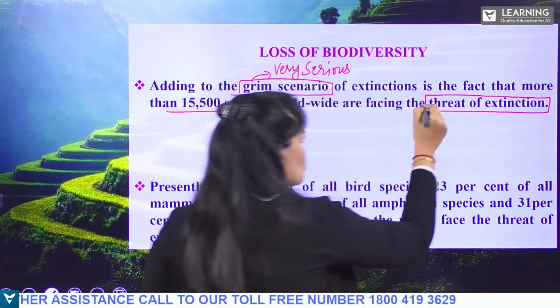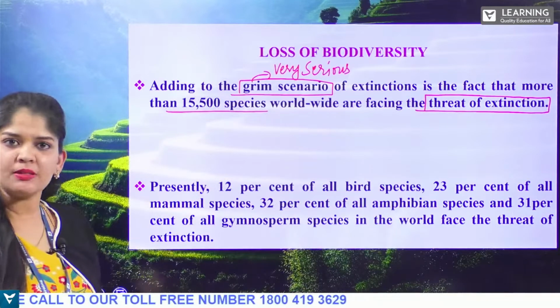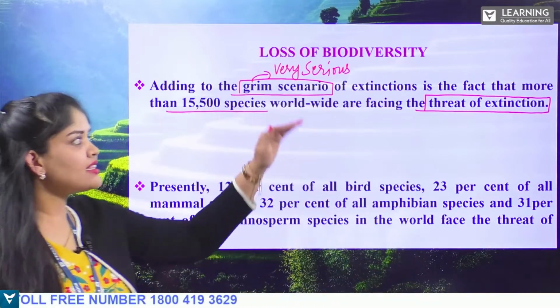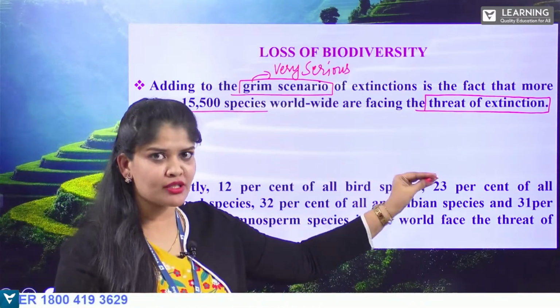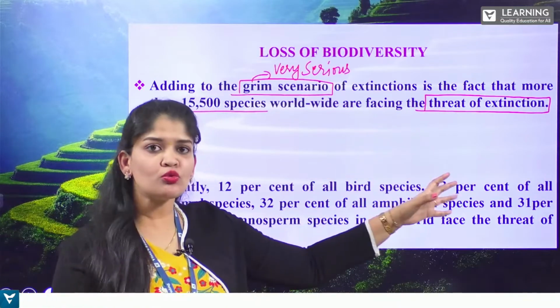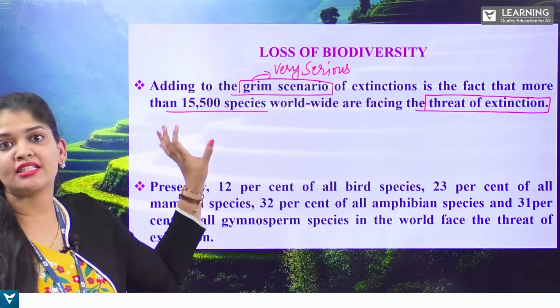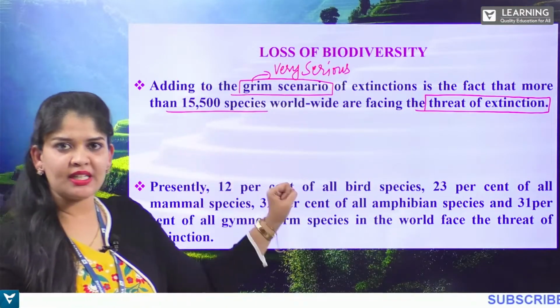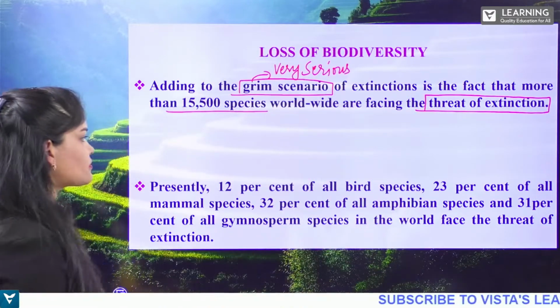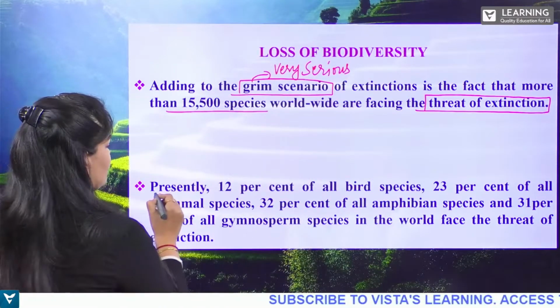That means soon they are going to become extinct. They are on the margin, under threat of extinction, and sooner this large number of species are going to become extinct.